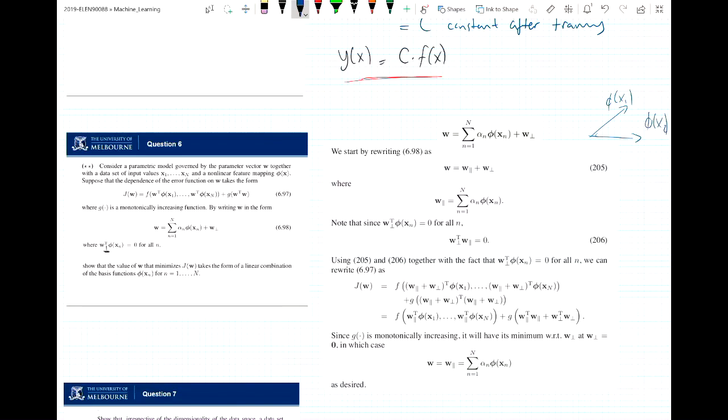Then the orthogonal one would be the w orthogonal. So you see this is orthogonal to both of them, right? It's outside the data space. So if the data feature space is this plane, then the w orthogonal doesn't belong to that plane. That's a kind of visualization.